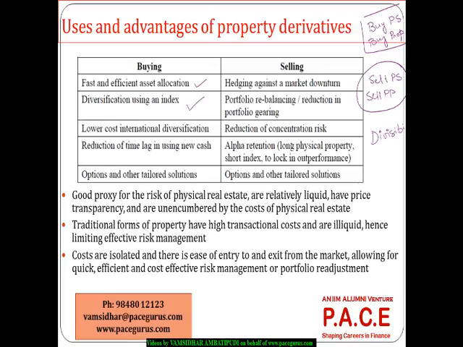I can diversify using an index, so I don't need to invest in one single property. I could buy units in different kinds of property swaps. If I'm receiving the return on an index rather than one single property, it's as good as having diversified across different kinds of properties.